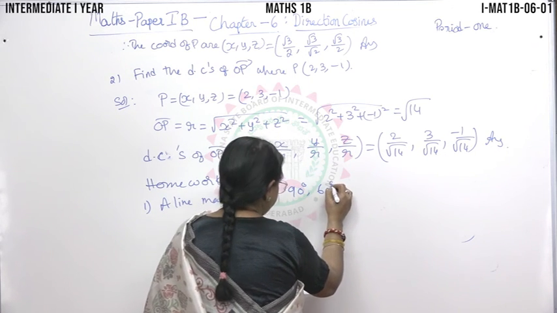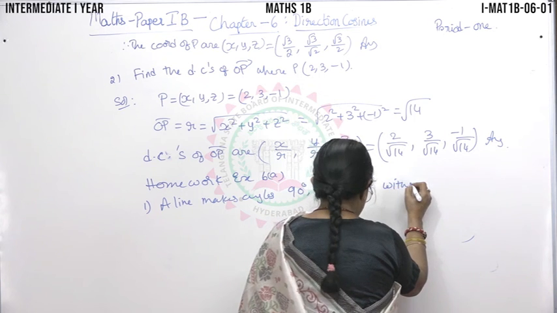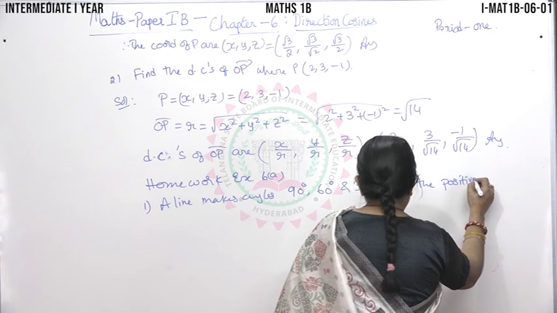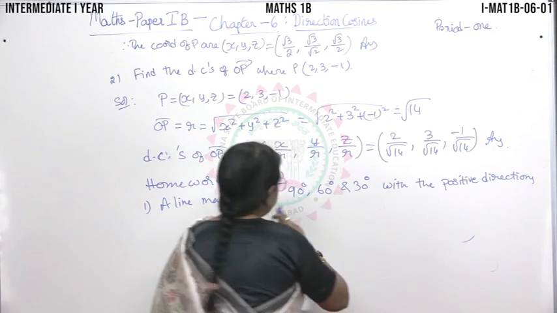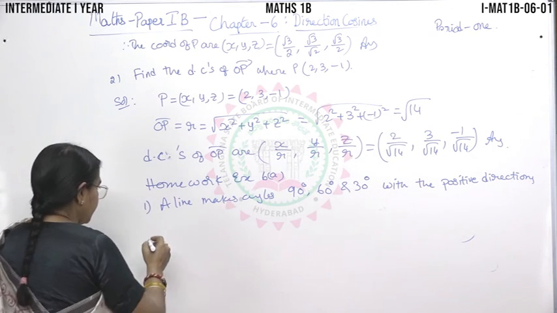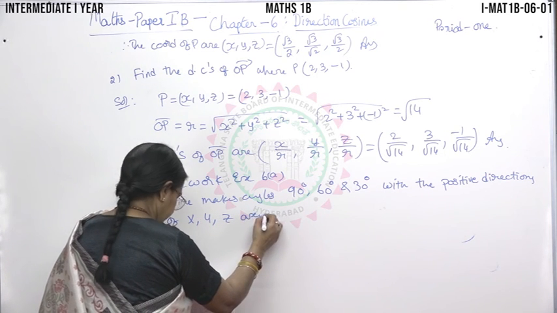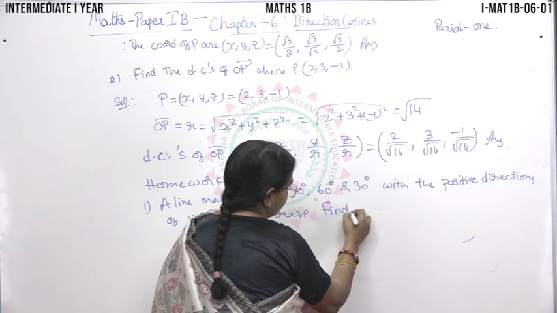These are important for 2 marks. So what is to be found? If you can understand, you can easily solve the problems. A line makes angles with the positive directions of x, y, z axis respectively. Find its direction cosines.